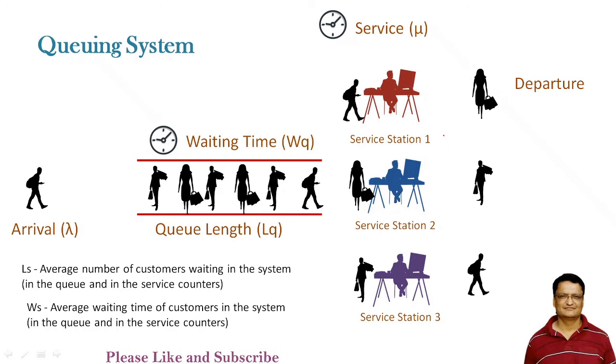If you have a very large number of service stations, that will increase your cost and again you may have certain loss. So to decide the level of service you provide, you must study the queuing system.